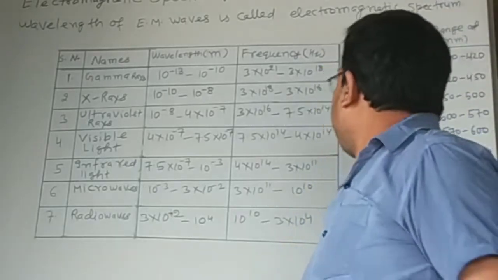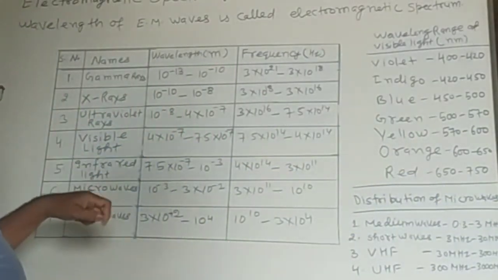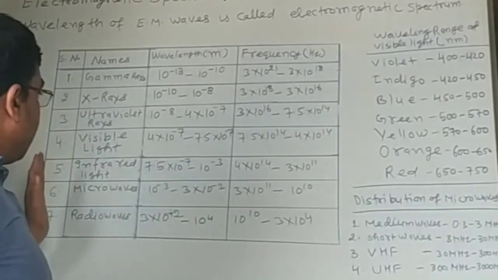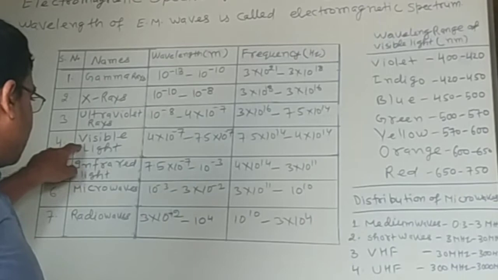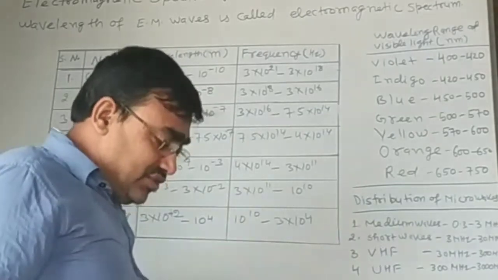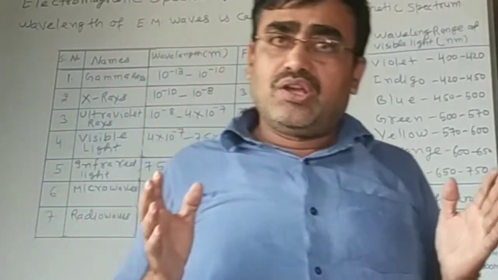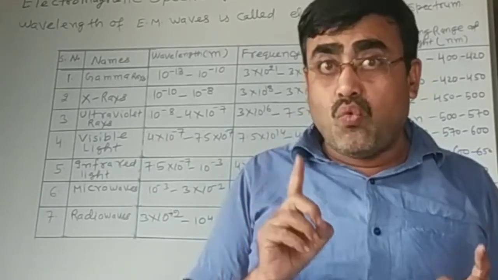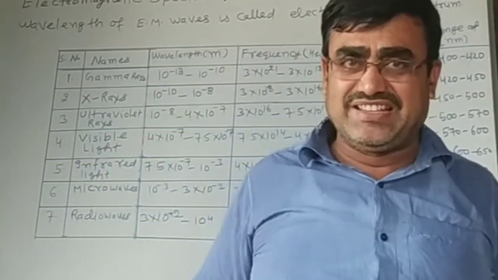Here, two main components of electromagnetic spectrums are visible light and microwaves. Visible light is suitable for the sensation of our eyes. Our eyes work properly in the presence of visible light.